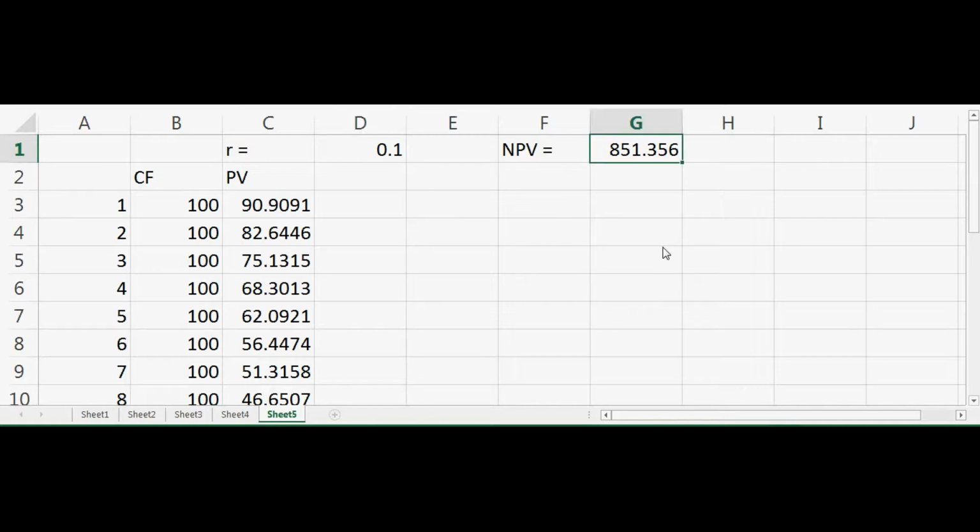So let's say money borrowed is $1000. How much payment should he make you every year for the next 20 years? So how will we go about it?